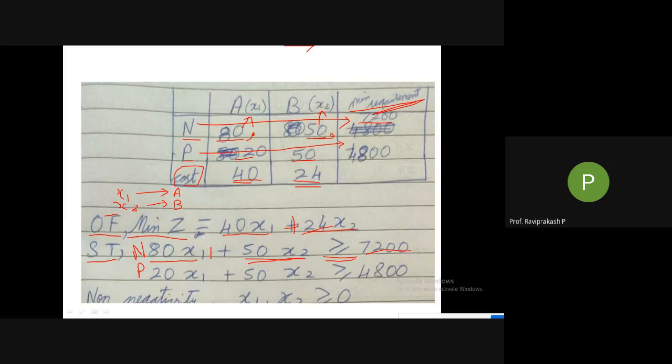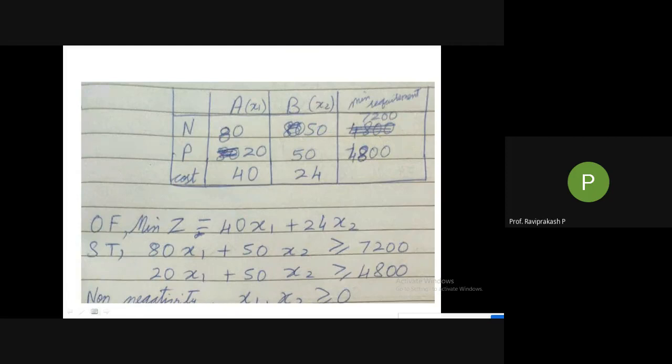Now coming to phosphate. Phosphate for A is 20. I'll just remove, too much writing has happened. For phosphate, write N and P again here. If you see, 20 is given here for A, and A is x1.